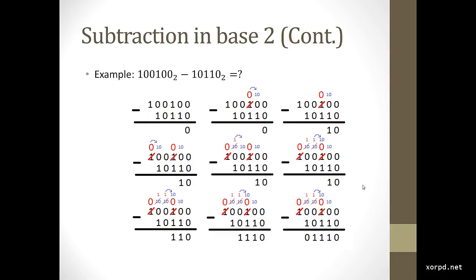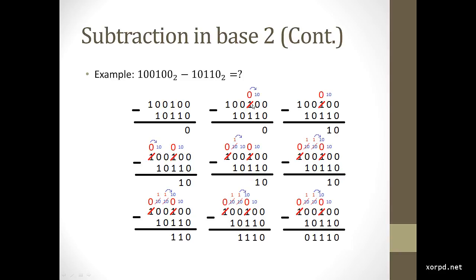Another example, and this is about as complex as it gets. We want to subtract this number from this number. As usual, we first write those two numbers vertically aligned to the right. We begin with 0 minus 0, which is 0. Next, we should subtract 0 minus 1, but we cannot do it, so we have to borrow.